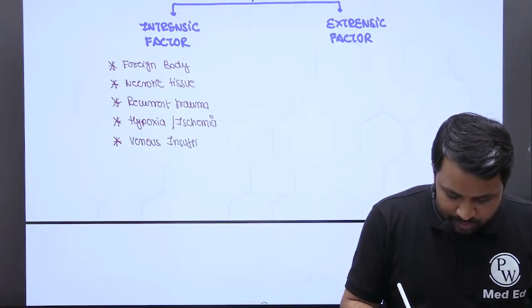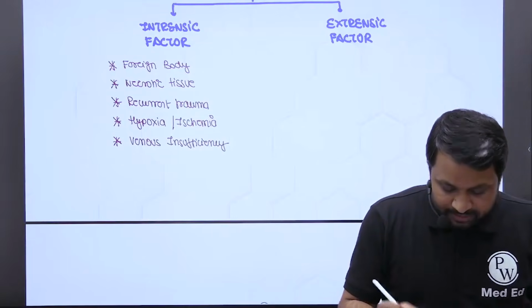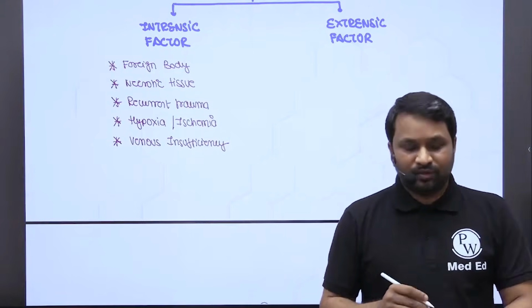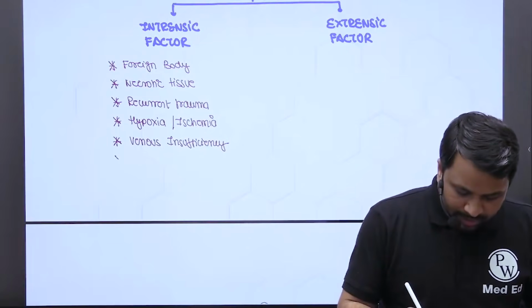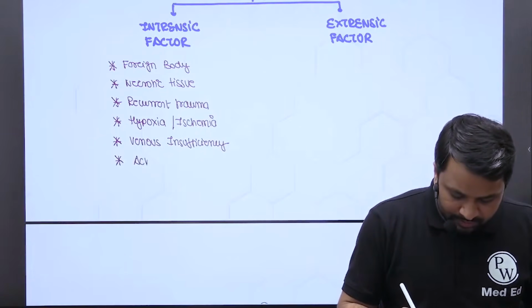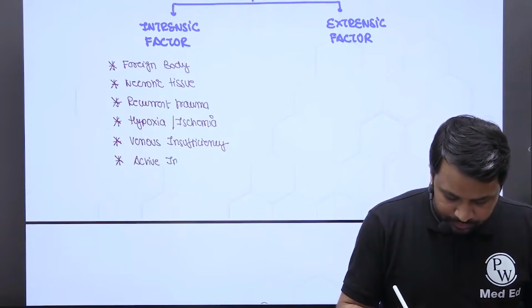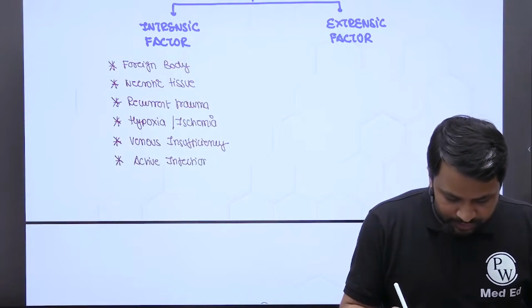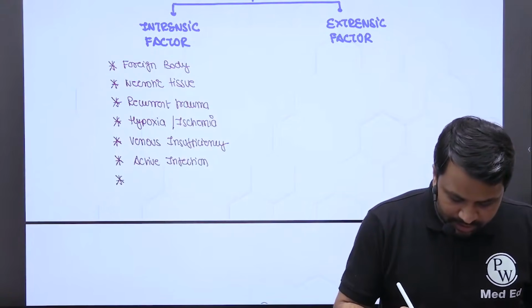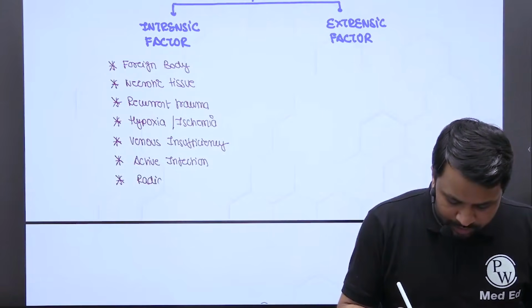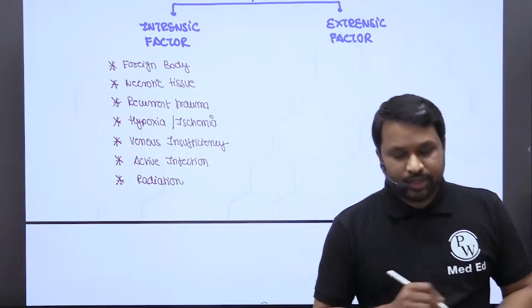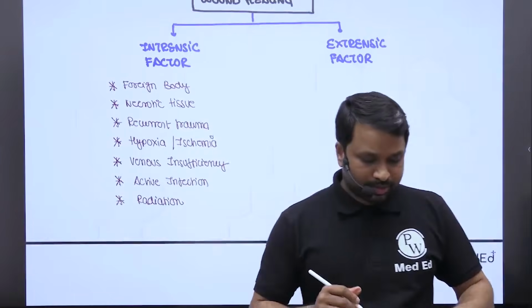The best example of a wound created by venous insufficiency is a varicose vein. Along with that, presence of an active infection, and if the wound is due to radiation exposure, or is created due to radiation status.